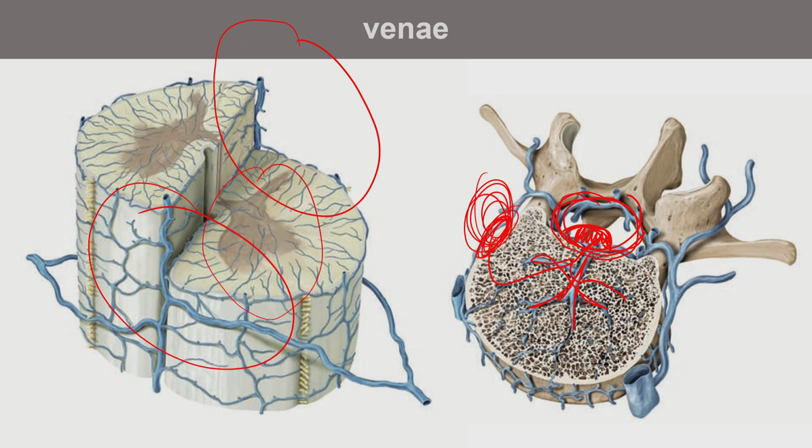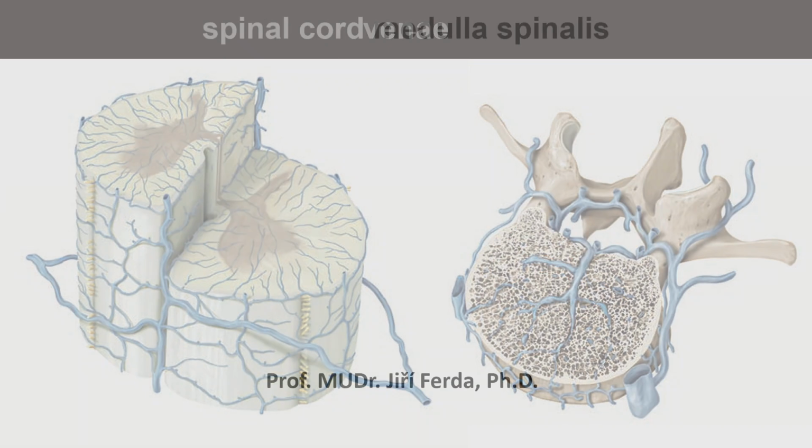So finally the plegia or paresis of the patient could be caused by a consequence of the vascular supply, and mainly venous drainage, because a vein is really easy to compress. Yeah, that's all.